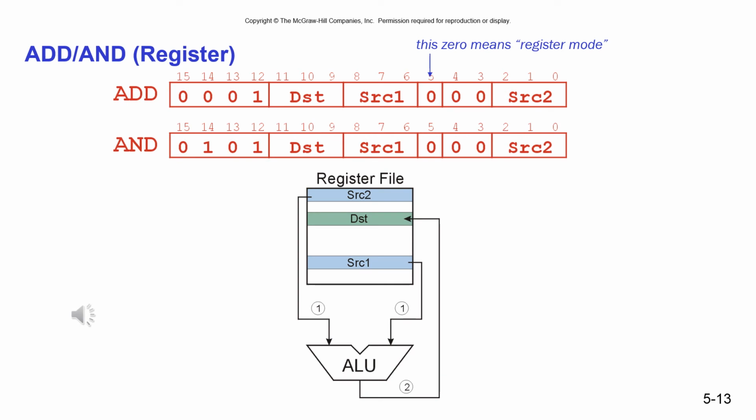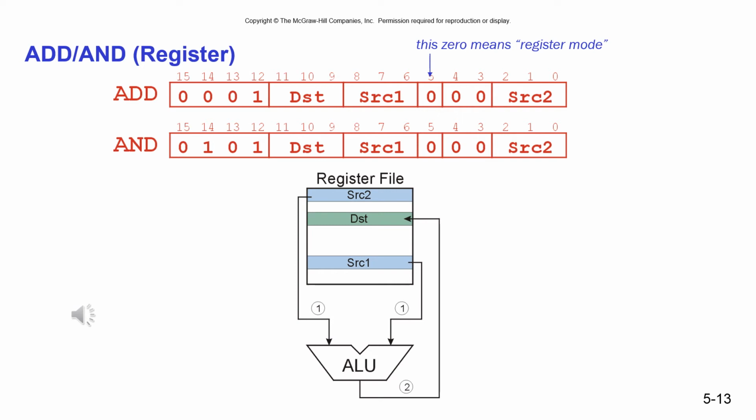Next, we're going to present the data flow diagram for add and AND in register mode together, because other than the binary operation, the syntax is exactly the same. One adds, one ANDs. So you can see it is a binary function, meaning there are 2 operands.